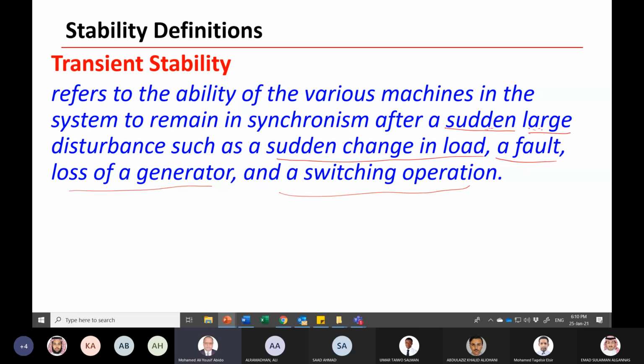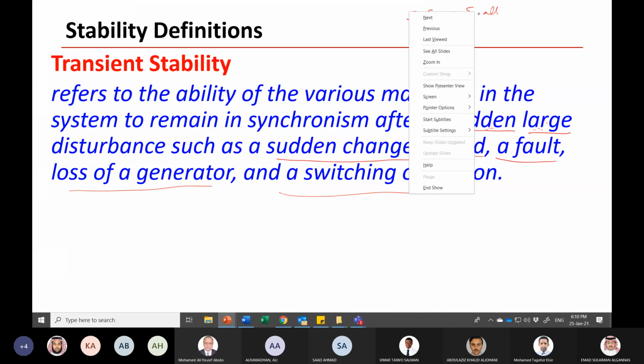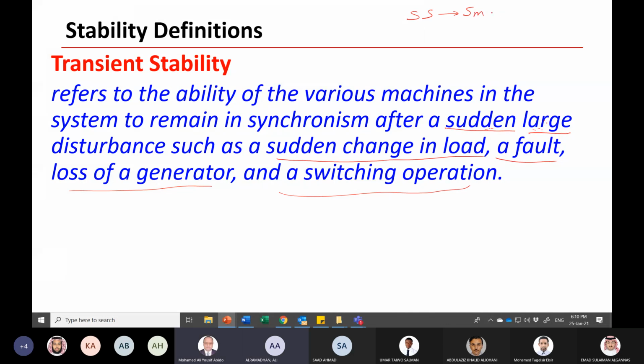There it was small and sudden for the dynamic stability, and for the steady state stability, it was what? The disturbance was small and slow.